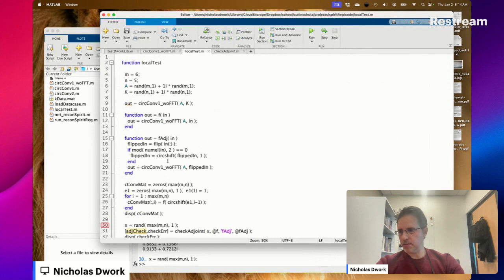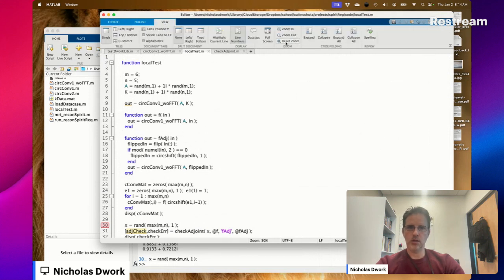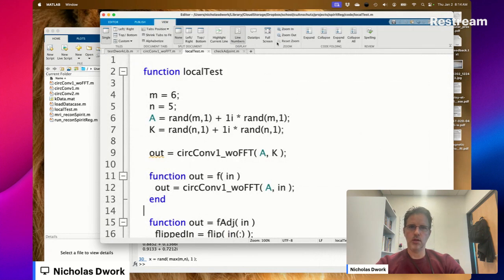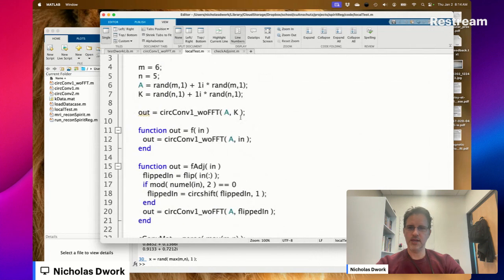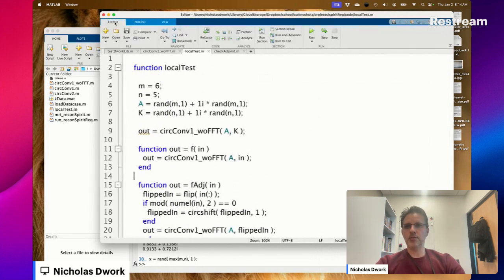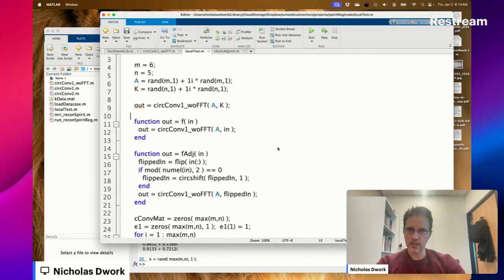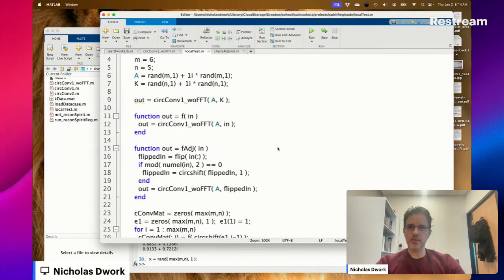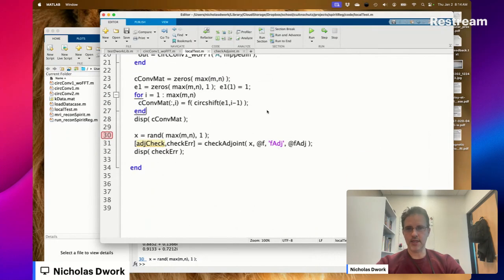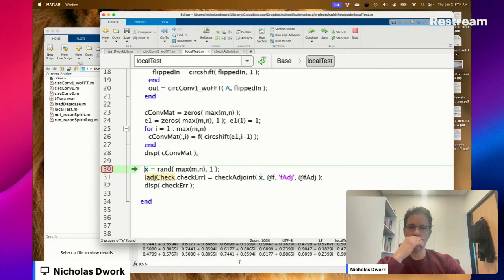I actually contacted MATLAB about it. You're supposed to be able to set the font size in this window using their preferences panel, but that's buggy. MATLAB cannot currently get their font sizes correctly. All right.